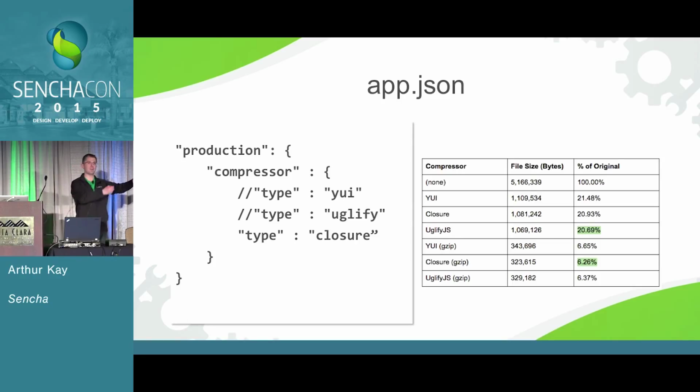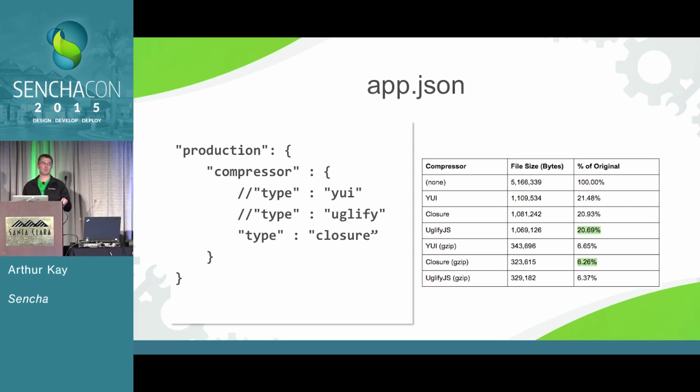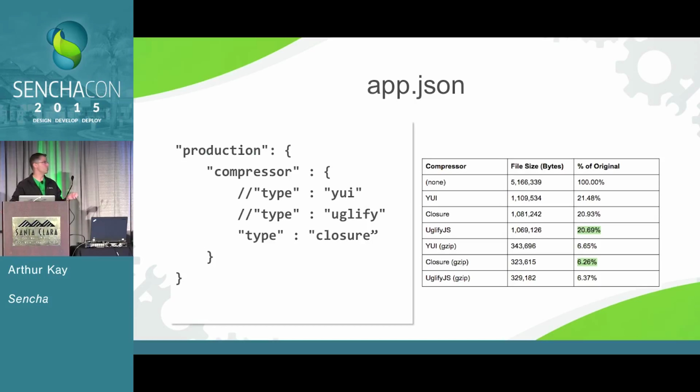This is not the demo application I just showed you. This is a separate app where it was somewhere in the range of 5.1 megabytes worth of application resources. Running it through YUI Compressor, I can squeeze it down to something like 21% of its original size. Using Google Closure, got a little bit smaller. Running UglifyJS was the winner in this case at 20.6% of its original size.